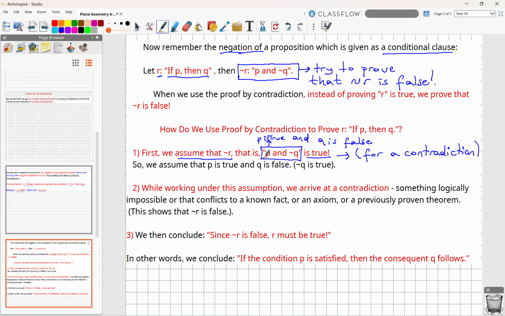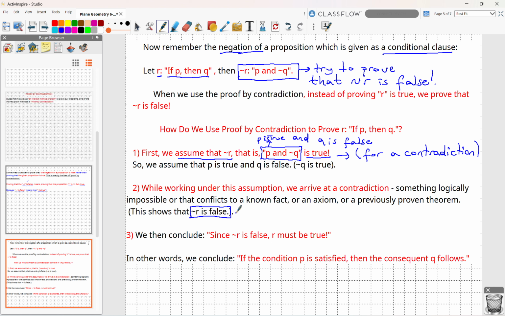So we assume that negation of R is true, but we arrive at a contradiction. This means that our assumption about negation of R is false. So negation of R cannot be true because this leads me to a contradiction. At this point, we understand that negation of R is false. So this means we prove that negation of R is false.